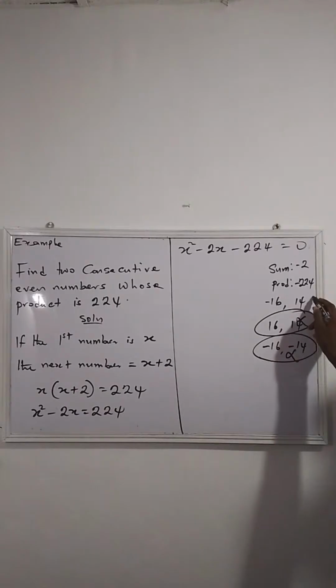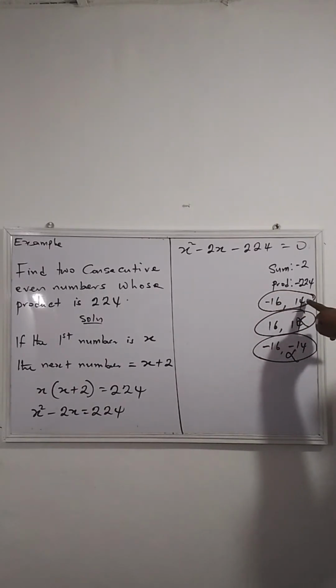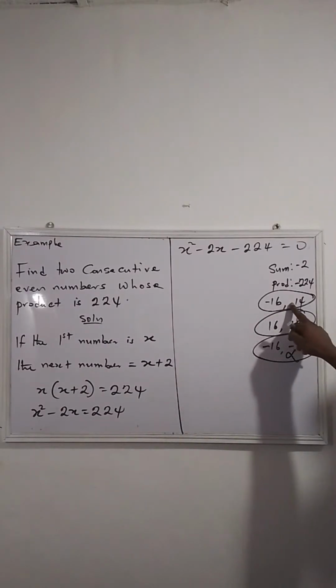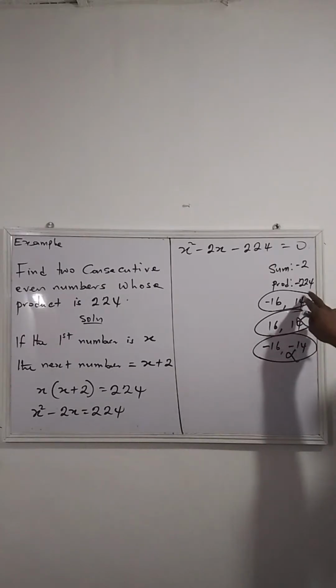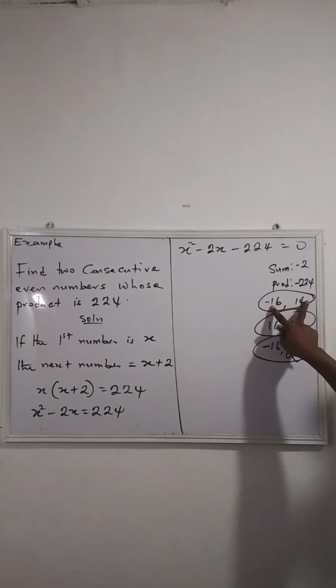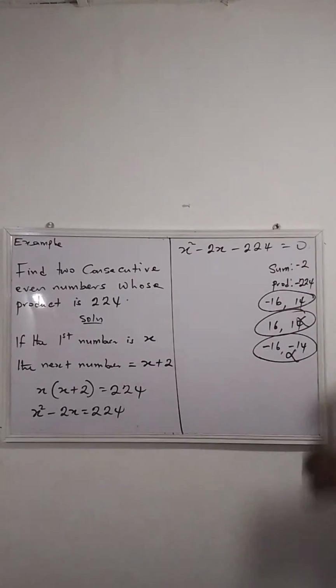Now let's look at this one. Now we have minus 16 and plus 14. When you multiply minus 16 and 14 together, you have minus 224 because minus times plus is minus. So you have negative 224. Also, if you add them together, you still get minus 2.